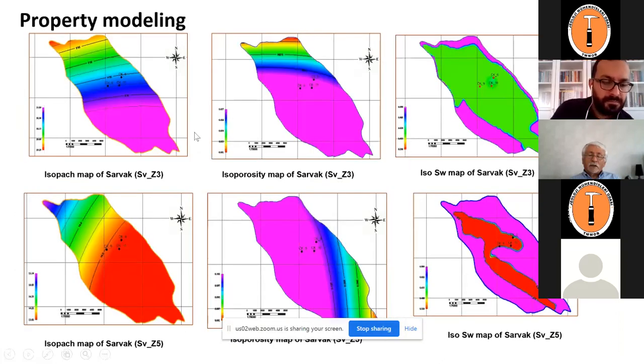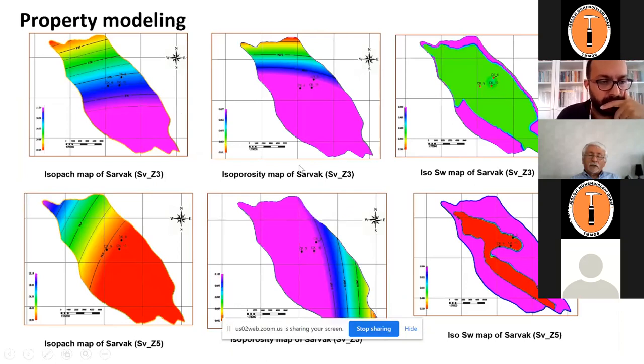After that, I prepared some trend maps, and according to these trend maps, I can propagate the porosity and water saturation, and also some other properties across the field.